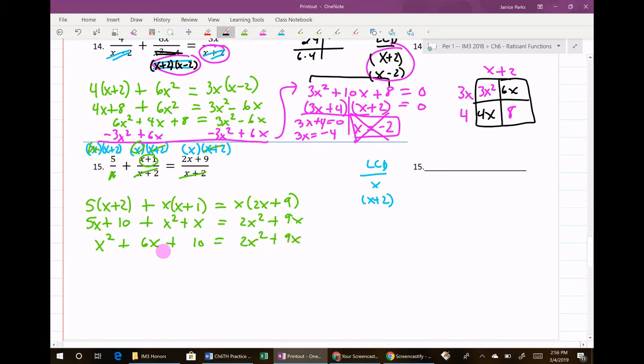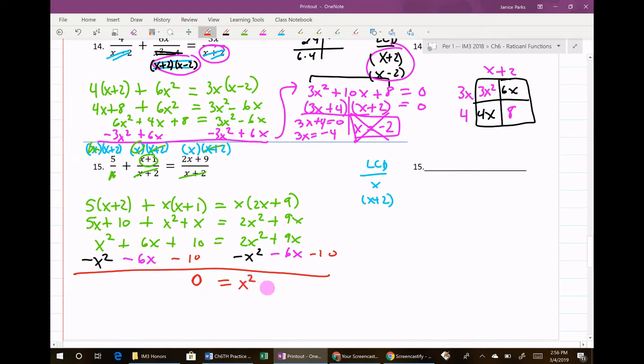You want your x squared to be positive when you're about to factor, so I am going to move all of these things to this side. So all the stuff on the left, I'm moving it over to the right. So minus 6x and minus 10. And that means that on the left side I have 0 because I moved everything over.